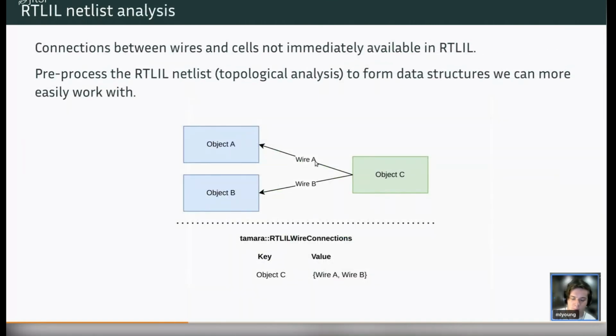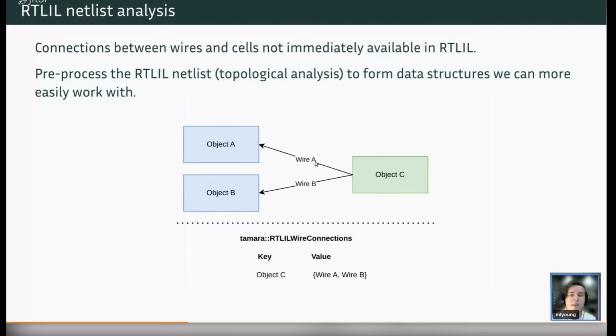On the algorithm as well, after the voter, the first thing the algorithm does is this RTL-IL netlist analysis. In RTL-IL, the connections between wires and cells are not immediately available, at least that I could see. So you have to do some processing yourself to figure that out.